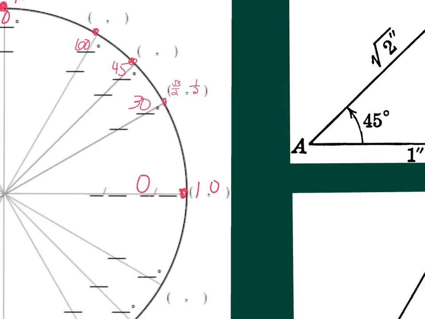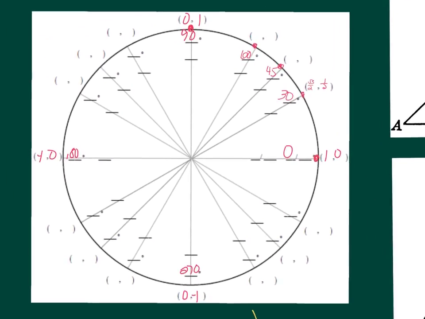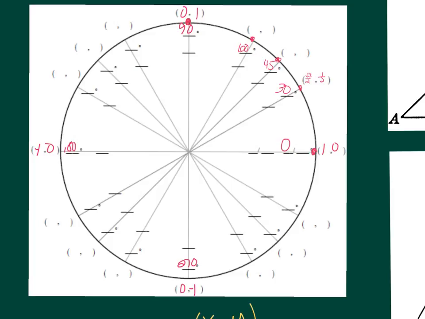Now what's cool is that that point will match up with other points in the other quadrants because you are using the same angle here. That distance is the same distance as this distance, and the same distance as that distance, and the same distance as this distance. So the angles that are here, here, and here will be equivalent to 30 degrees. The way that I find that, well, I know this is 180, and I'm going up 30 degrees from 180.